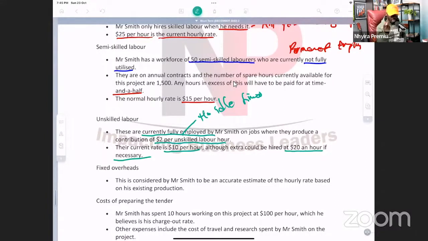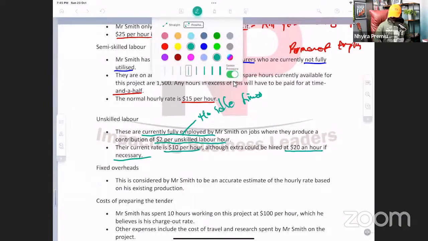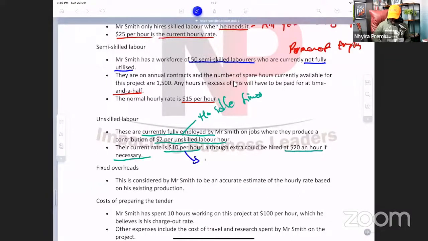So the question we ask ourselves is, what is the relevant cost here? Now, these guys are permanently employed, so the rate per hour is not relevant. So the $10 per hour here is not relevant. We are not going to consider that.